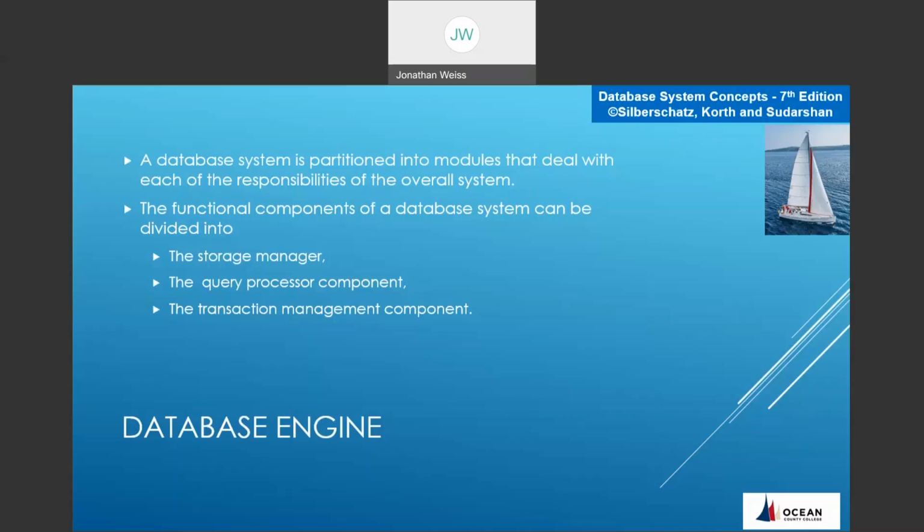And when it processes those queries, it understands the physical implementation, and it will optimize your queries for you to make sure that it's pulling the data out of the database in the most efficient way. The query processor component says, okay, what does this person want? This is the data that they're asking for. What's the most efficient way to get that data for them? And the query processor will then pull the data that you want.